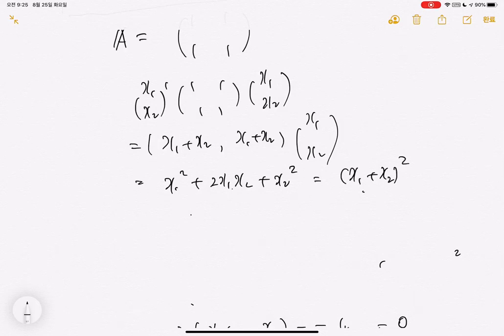So the value of this quadratic form is always greater than or equal to 0, right?